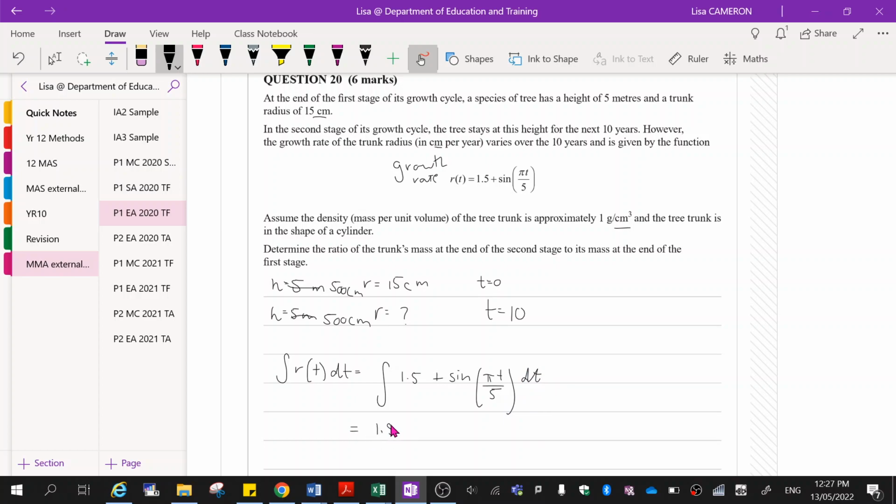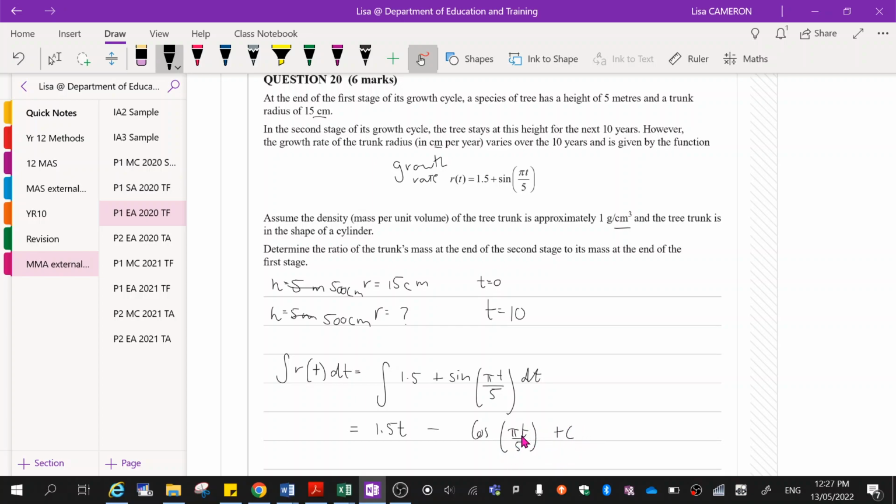When I integrate that, I end up with 1.5t. Sine goes to minus cos, the bracket doesn't change, plus c goes on the end.